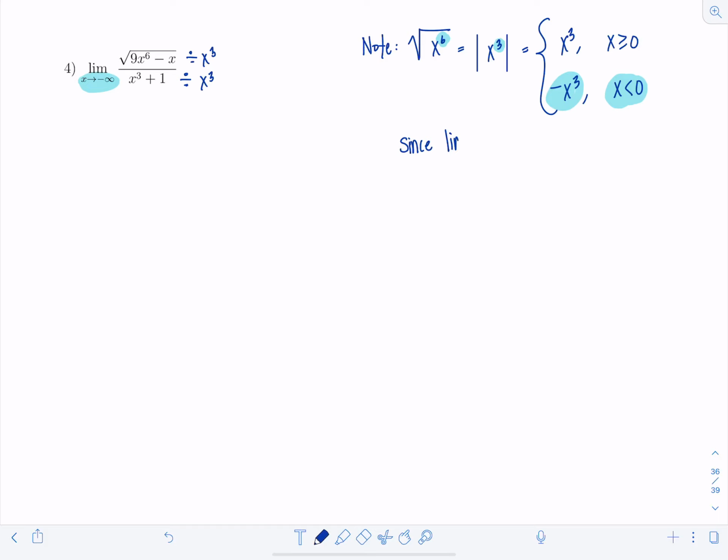As follows. Since the limit, I'm going to summarize right now, is going to negative infinity, all we need to do is put a negative sign or a minus sign in front of the even root.